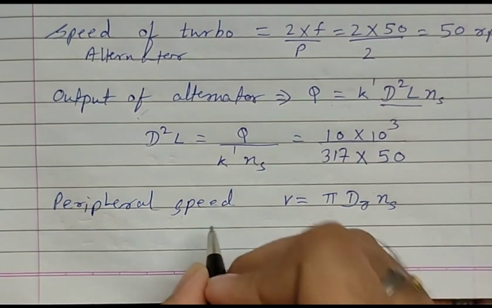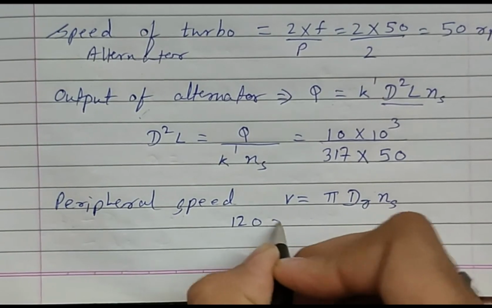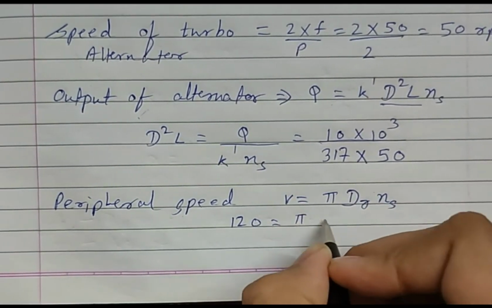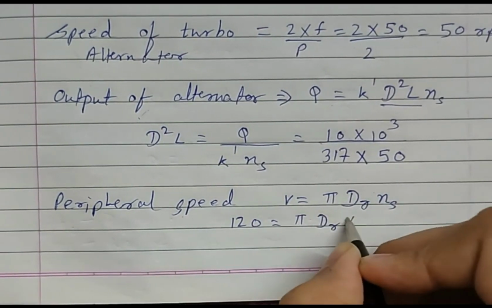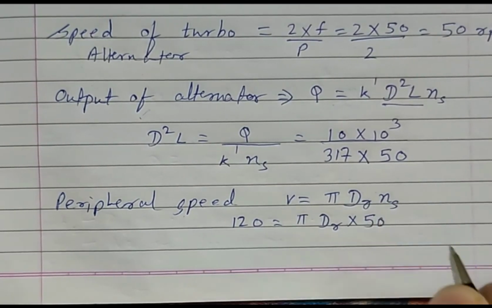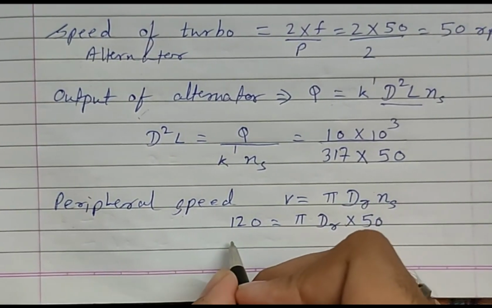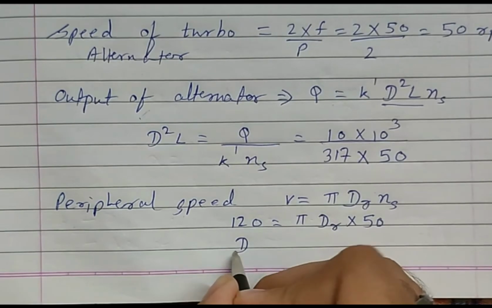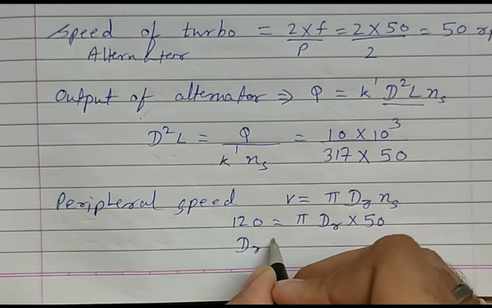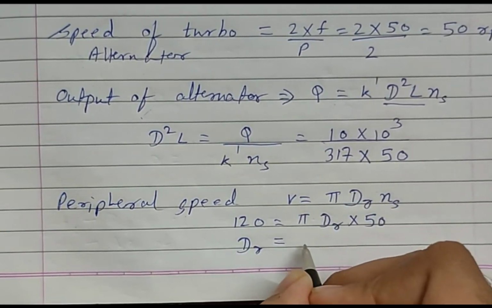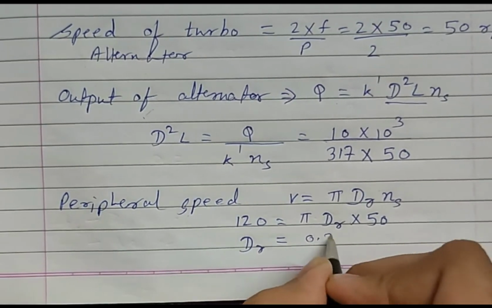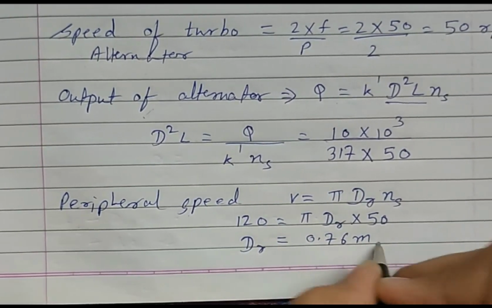So the peripheral speed value is 120, which is equal to pi into Dr into 50. On calculating this, I get the value of Dr, that is the diameter of the rotor, as 0.76 meters.